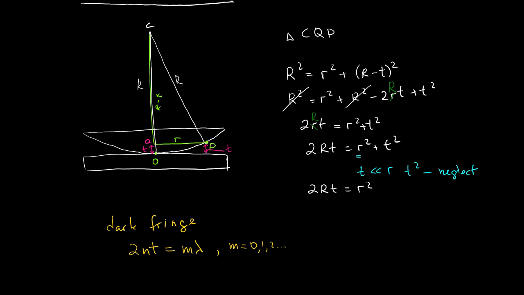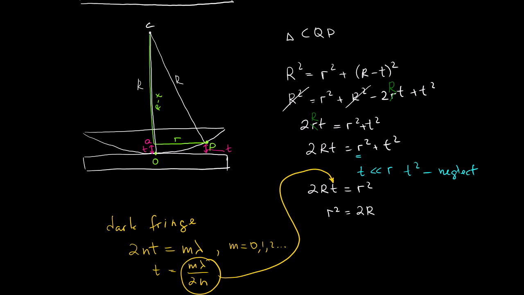Now I can find t from here. That equals m lambda over 2n, and plug this expression for t into my equation. This will give me the radius of the dark fringe squared equals 2 times the radius of the surface of the lens times m lambda over 2n.